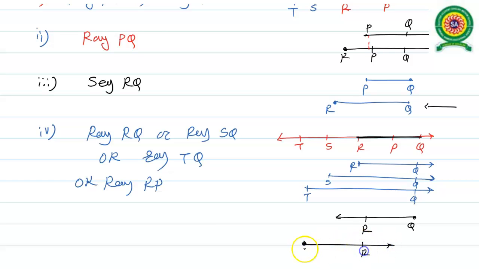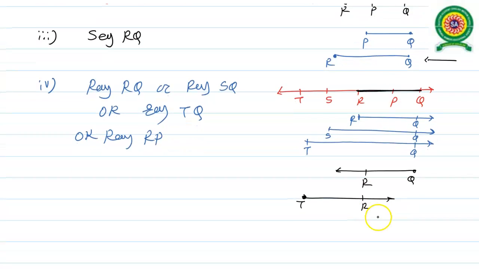That means both should have the end point R. Or you may have QR and the other ray SR, or you may have PR and TR. So different combinations we may make.